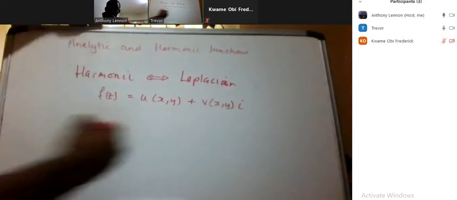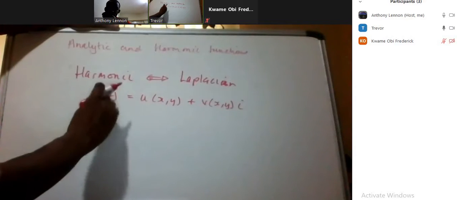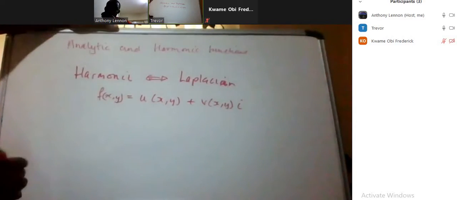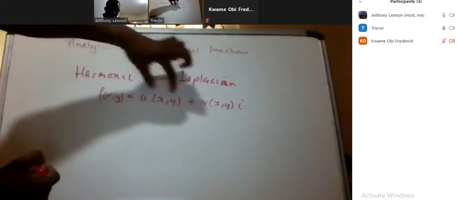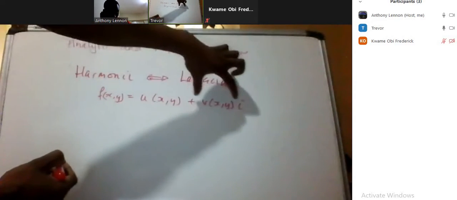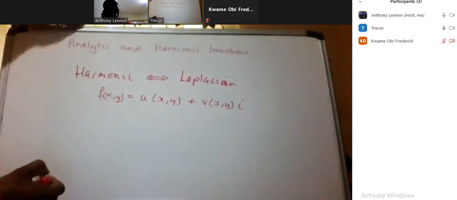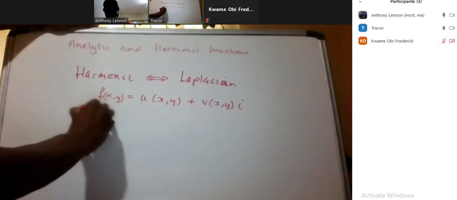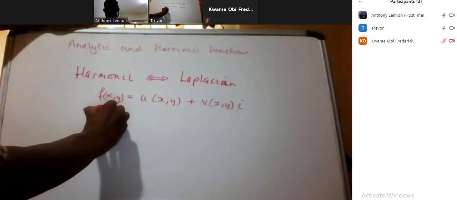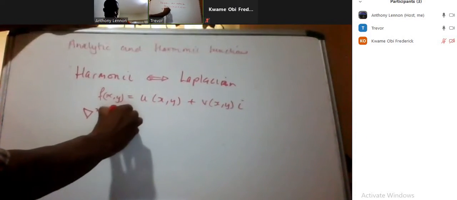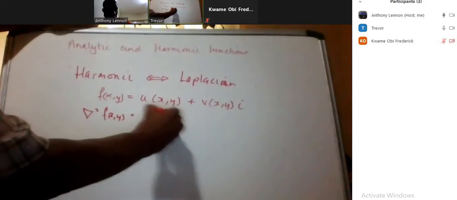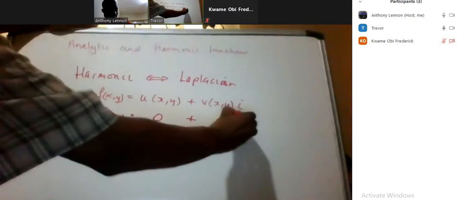Because I put z there, really I should put x and y for consistency: x and y input, x and y output, x and y imaginary output. What we're saying is del squared of f of x, y is equal to 0 plus 0i.